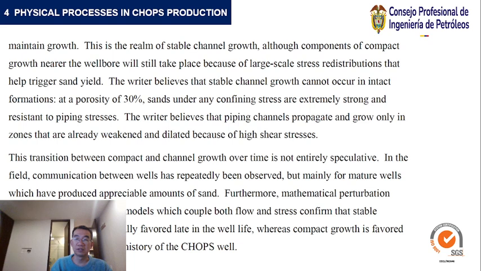Furthermore, analysis of sand production modes, which couple with both flows and stress, confirms that stable channel growth is favored late in the well life, whereas compact growth is favored during the early production history of the CHOPS well.